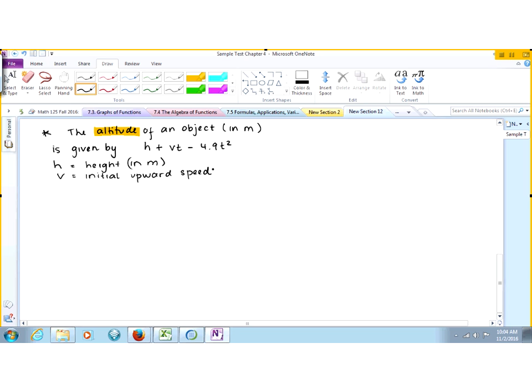Or actually, if you take physics, this is the velocity, because speed doesn't have direction, but velocity does. The speed is in meters per second, and t is the number of seconds for which the object is airborne.